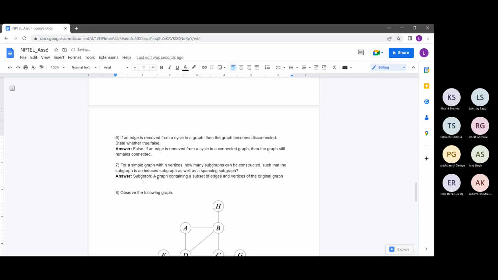So what is an induced subgraph? An induced subgraph was a subgraph where, I think I'll have to write this definition out formally, but maybe I'll just skip writing out these definitions.